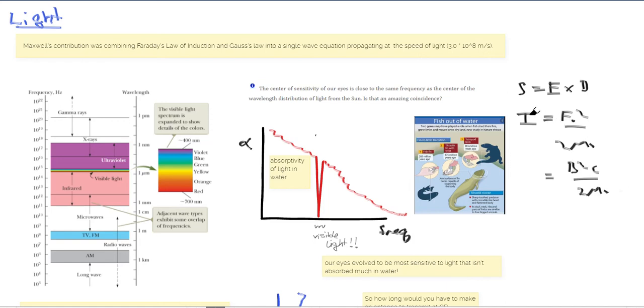In any case, the takeaway is that intensity is related to the square of the magnitude of the electric field or the square of the magnitude of the magnetic field.